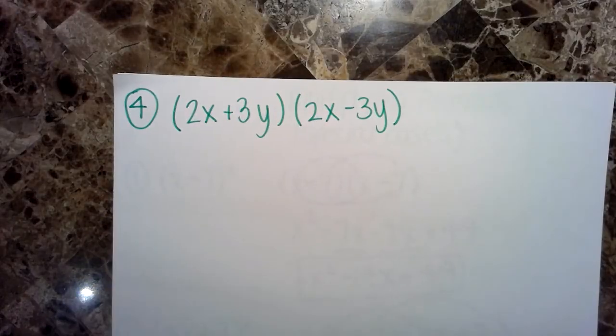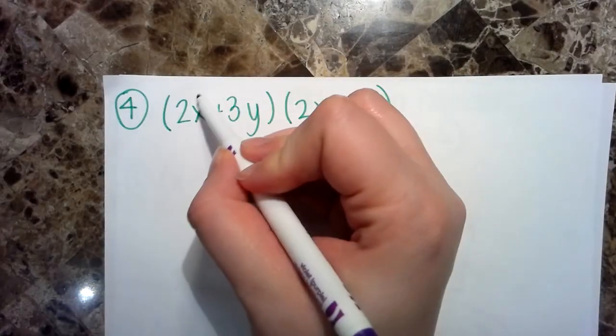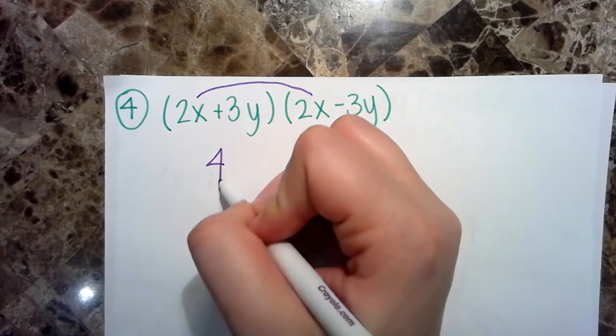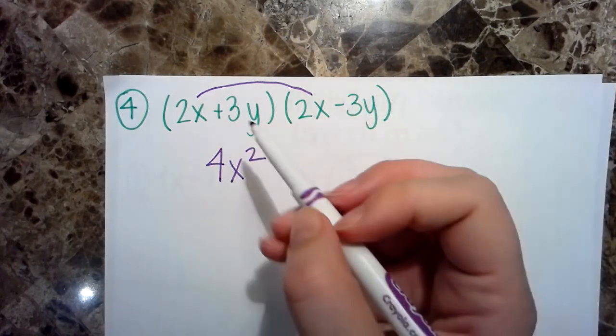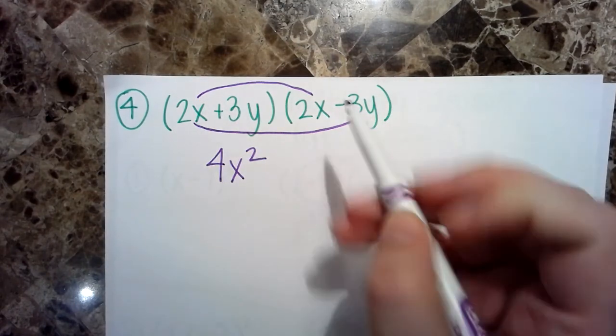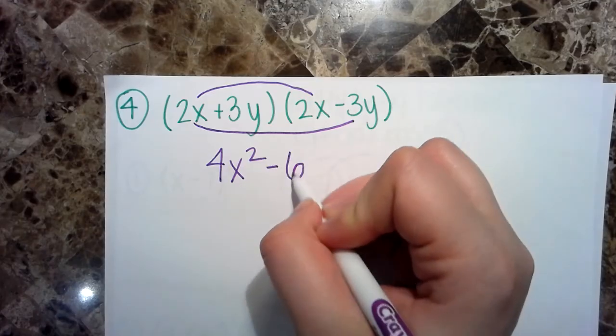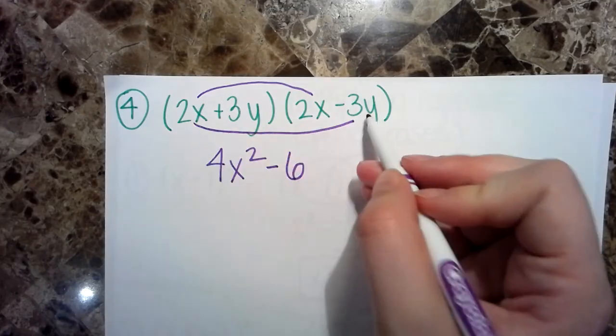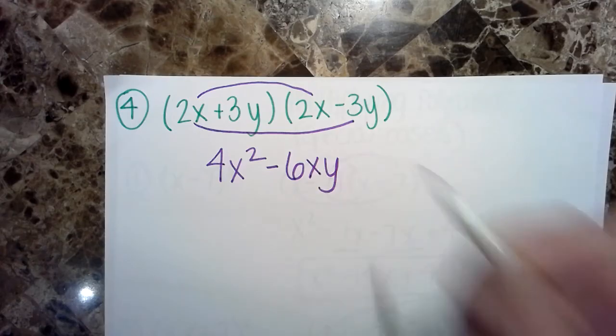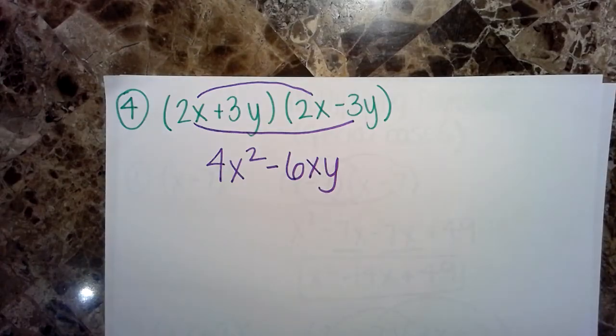Now, the last example is a little bit different. It has two separate variables, but we're going to do the same thing. We're going to do 4x squared. Outer is going to be negative 6, and we're going to go in alphabetical order, so x and y. You're going to multiply.